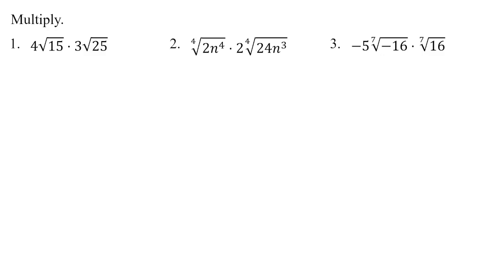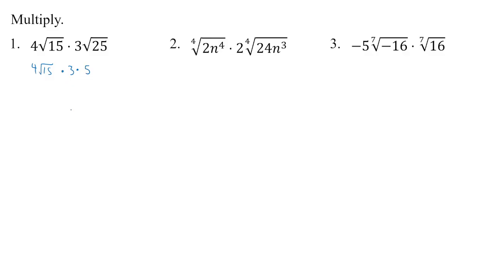Let's say we have 4 times the square root of 15 times 3 times the square root of 25. Well, we can take the square root of 25, so we're going to go ahead and do that. So we got 4 times the square root of 15 times 3 times the square root of 25, which is 5.